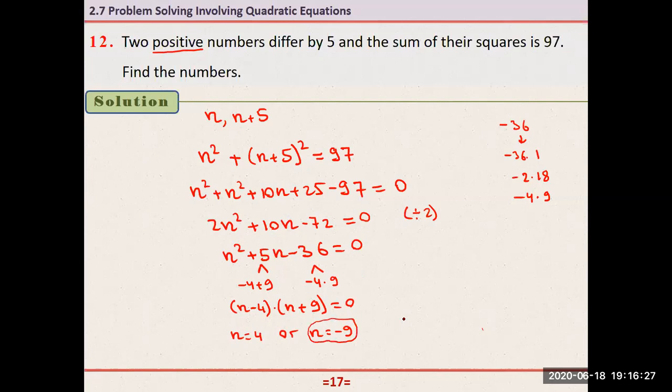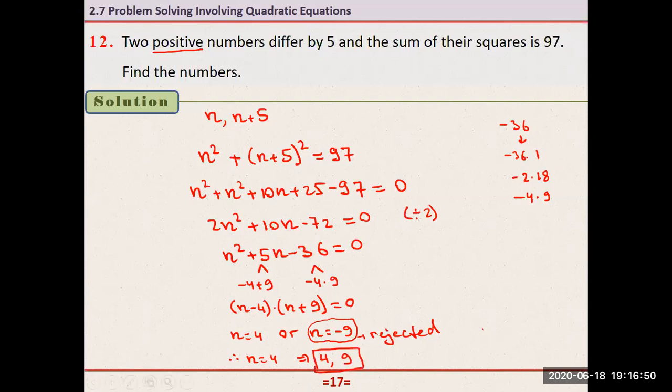It does not meet our requirements, so this answer is rejected. So the value of n is equal to 4. But the question is, find the numbers. What are the numbers? Then the numbers are 4 and 9. That is the answer to this question.